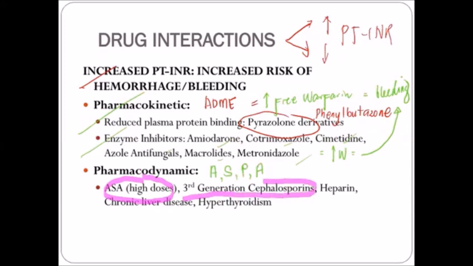Next, third generation cephalosporins. Usually, class, kapag gumagamit ang patient ng warfarin at ng antibiotics, kagaya ng third generation cephalosporins, may effect siya. Kaya meron siyang effect. Mind you that third generation cephalosporins are broad-spectrum antibiotics.